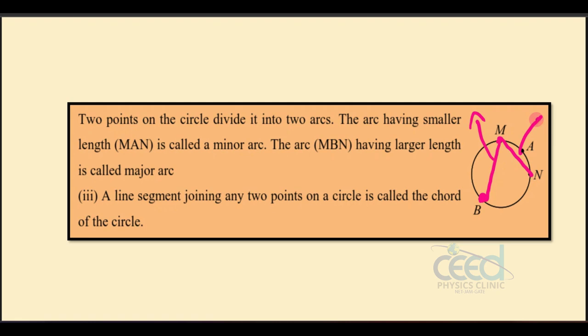All right. Now, if the chord joining two points passes through the center, then it is called a diameter, right? The chord having maximum length is the diameter, right? If it passes through the center, that is the diameter.